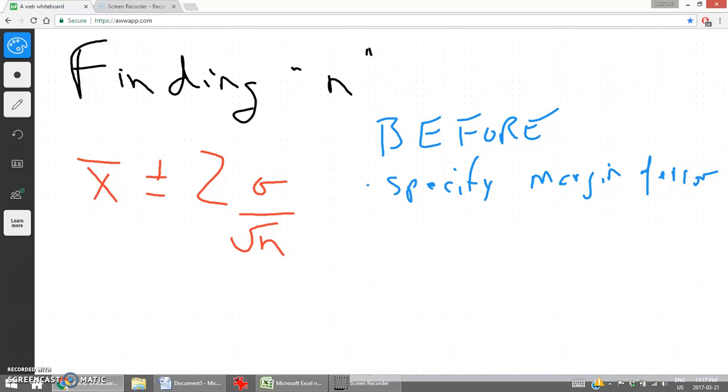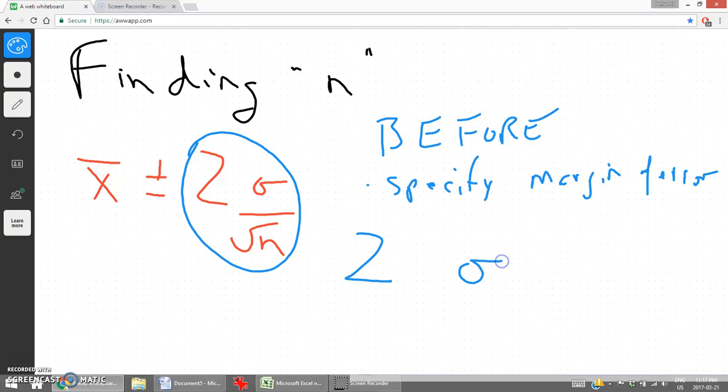I'm going to abbreviate that ME. So they'll specify our margin of error. We have to remember our margin of error is everything after the plus and minus sign. So our margin of error includes a Z value, includes standard deviation, and our sample size.